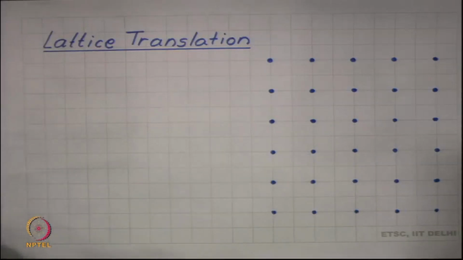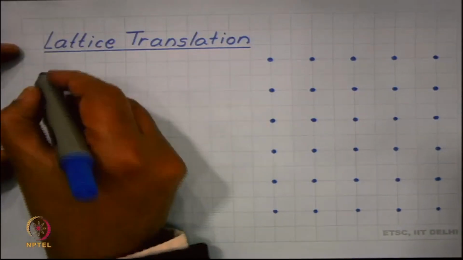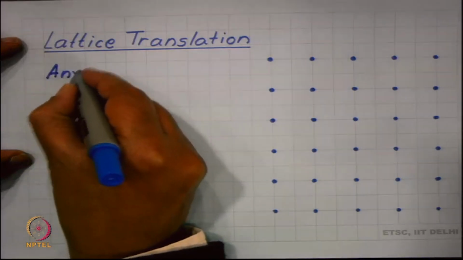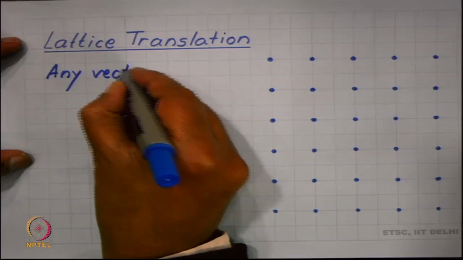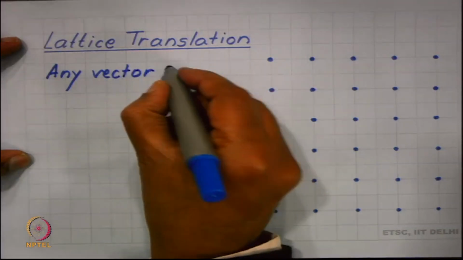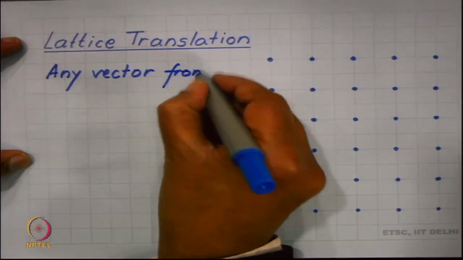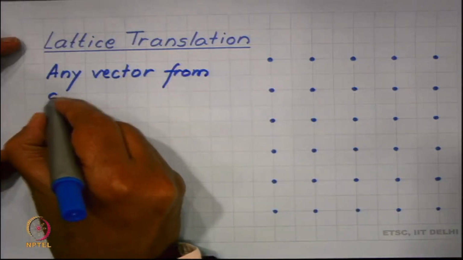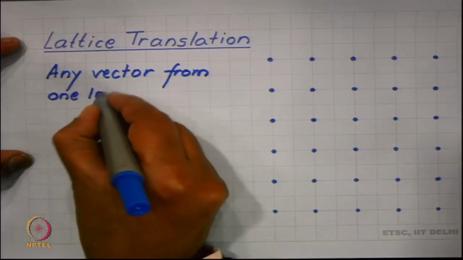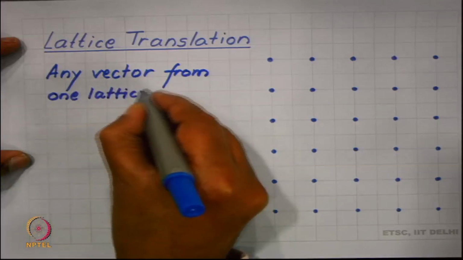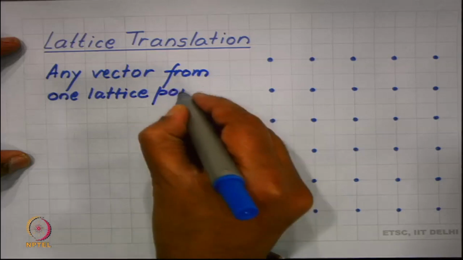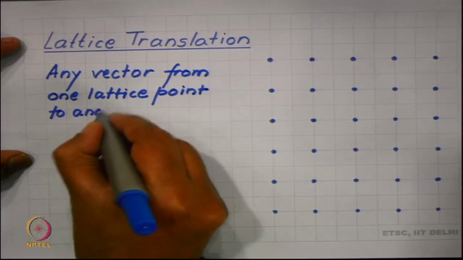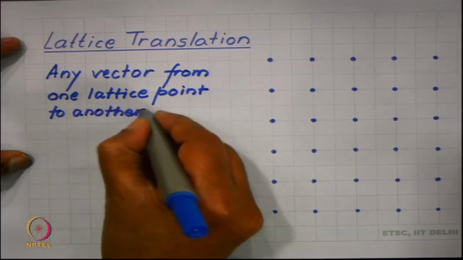Lattice translation we can define as any vector from one lattice point to another lattice point.